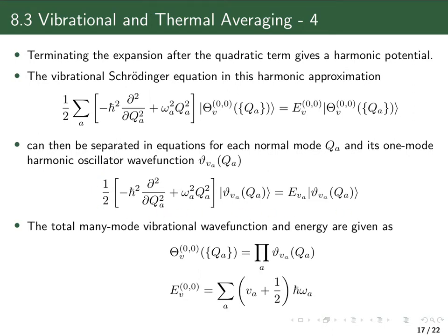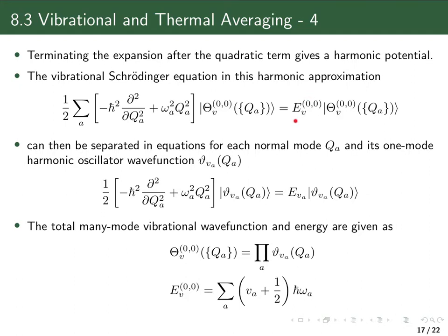So our Hamiltonian is a sum, therefore here we have only one mode. And this is the one-mode wave function. So that's just a wave function for one normal coordinate, one normal mode, and because the Hamiltonian is the sum of terms, the total wave function is then the product of these one-mode functions.